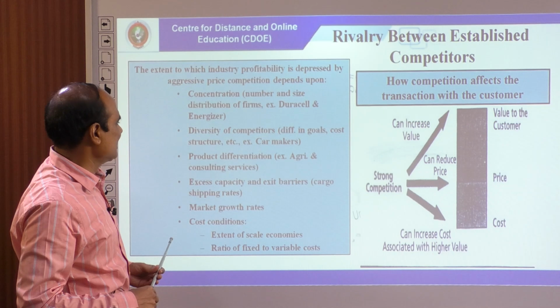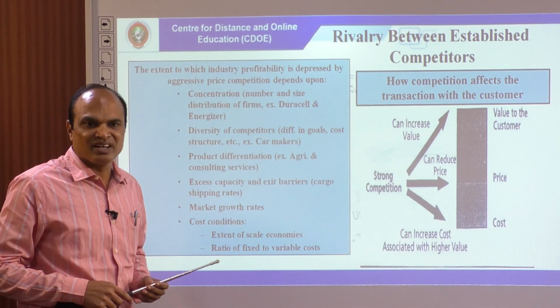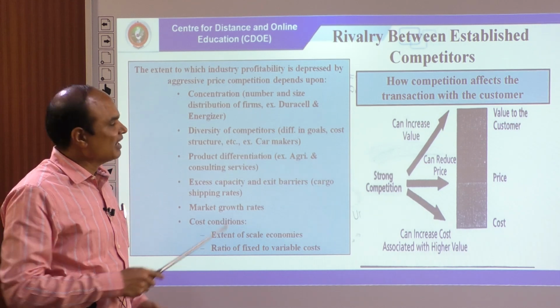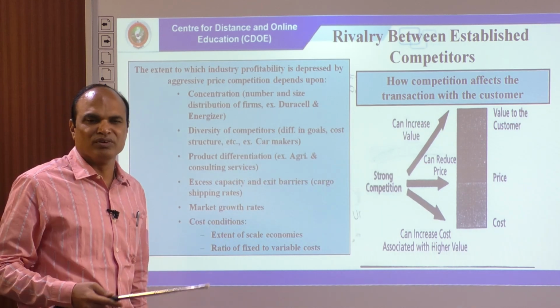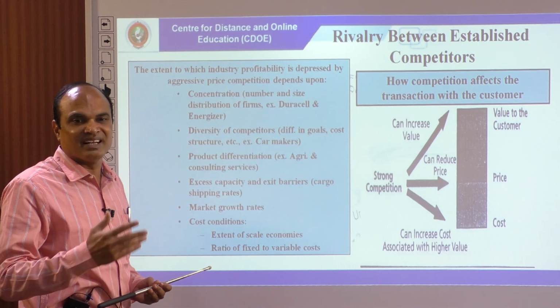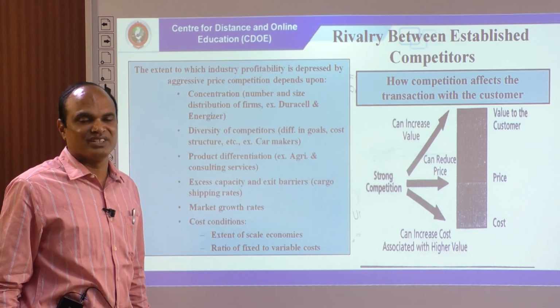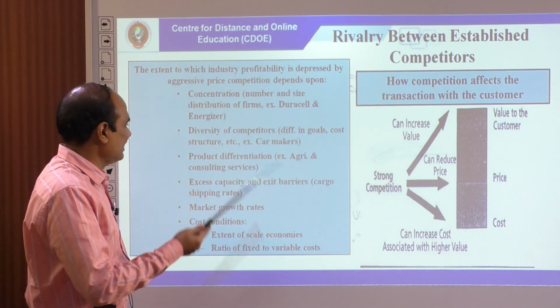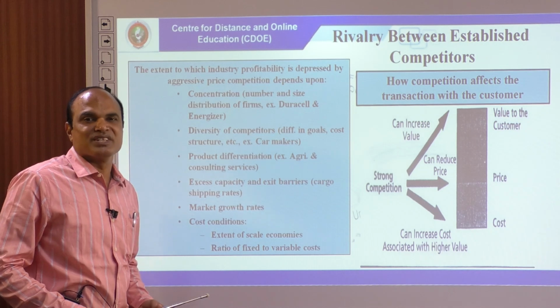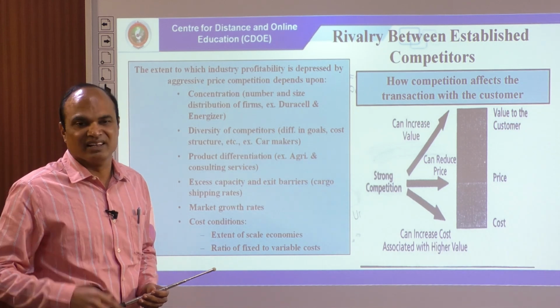Then coming to product differentiation in agriculture products and consulting services. Agriculture products remain the same wherever you go, whether it is wheat or rice, so there is a lesser amount of differentiation compared to the consulting services provided by McKinsey, Bain Consulting and others.